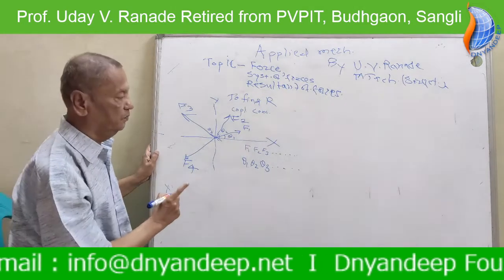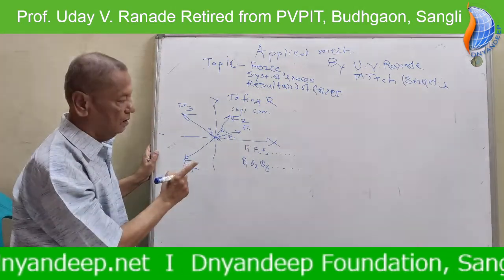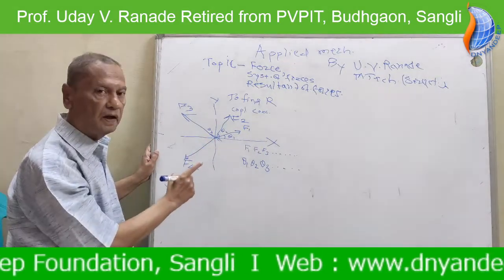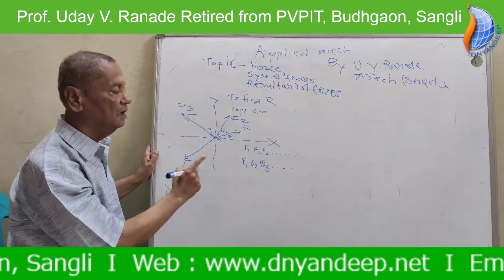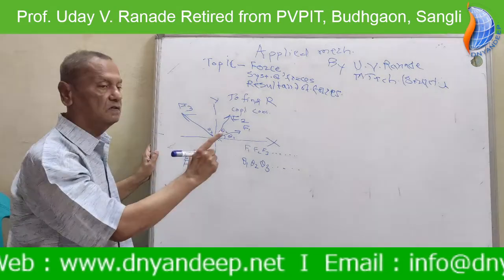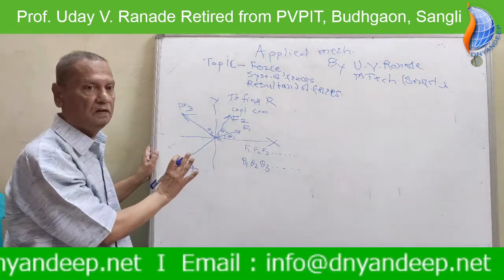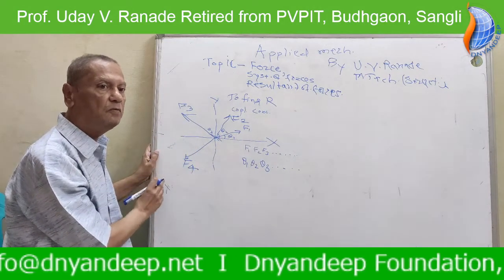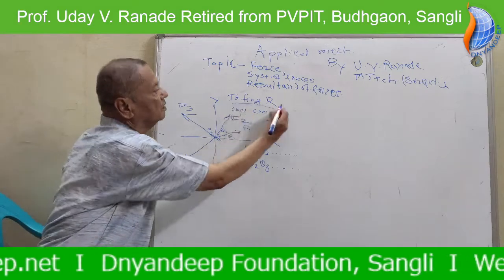Again, all forces are concurrent and all make angles theta 1, theta 2, theta 3, etc. with the x-axis. This is the data they are given. And what do we have to find? We have to find the resultant.